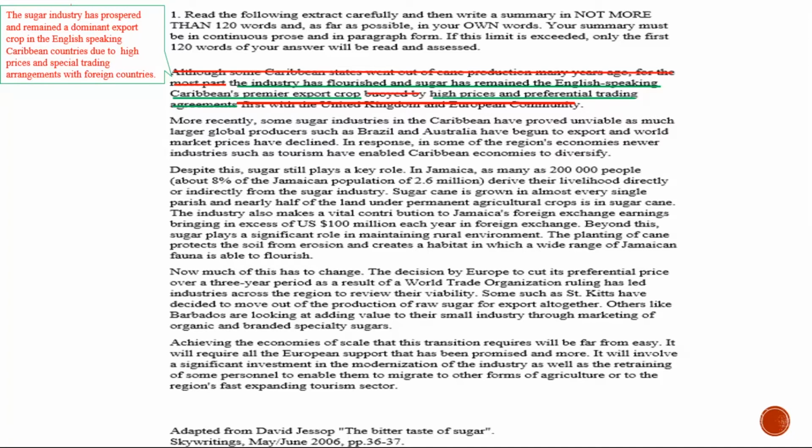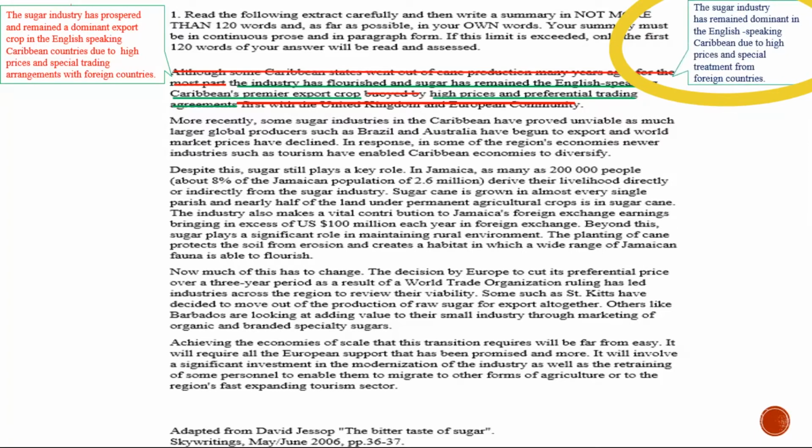Now that we have the paraphrased version for paragraph 1, what is our main idea? The part in the box highlighted in blue is now the main idea. The sugar industry has remained dominant in the English-speaking Caribbean due to high prices and special treatment from foreign countries. Notice that there have been words replaced. For example, preferential has been replaced with the word special for special treatment.